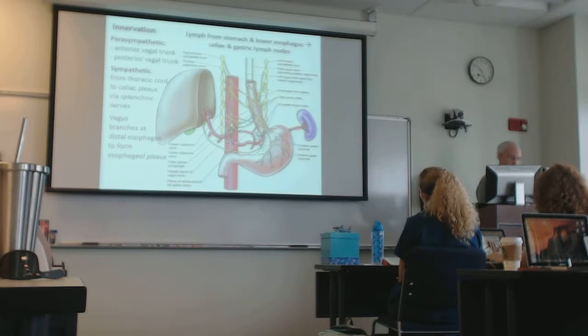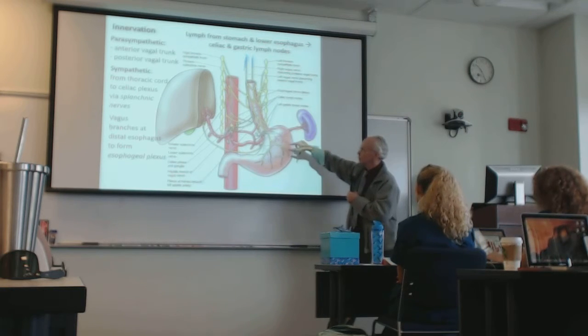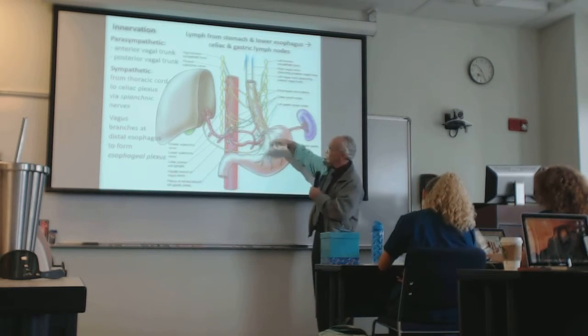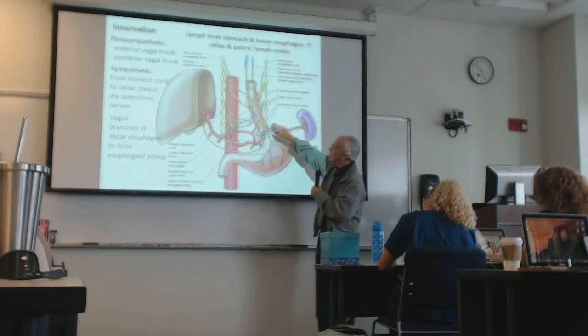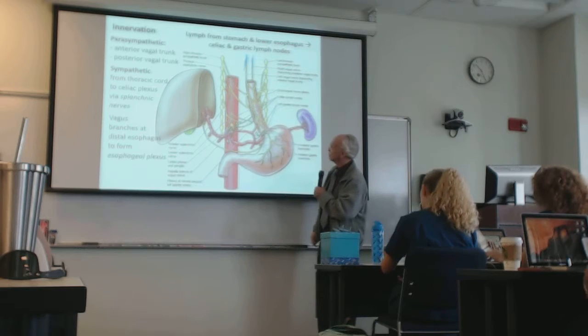And then here are our vagus nerves. Now notice at this point, as we descend, the vagus nerves are running alongside the esophagus, and along virtually the entirety of the esophagus, but especially distally, they break out into what is called an esophageal plexus. So you're looking at the esophageal plexus here.